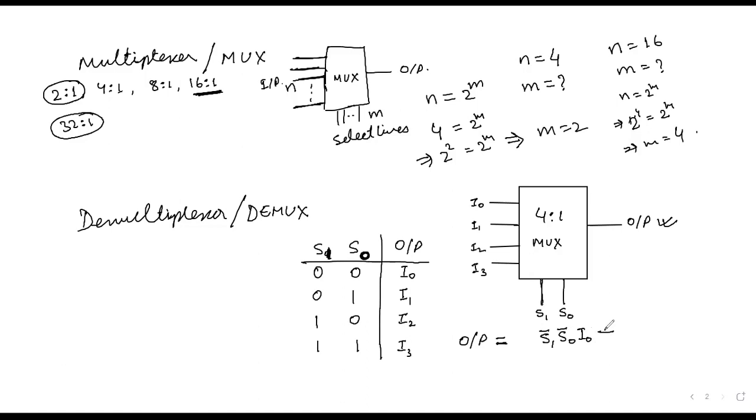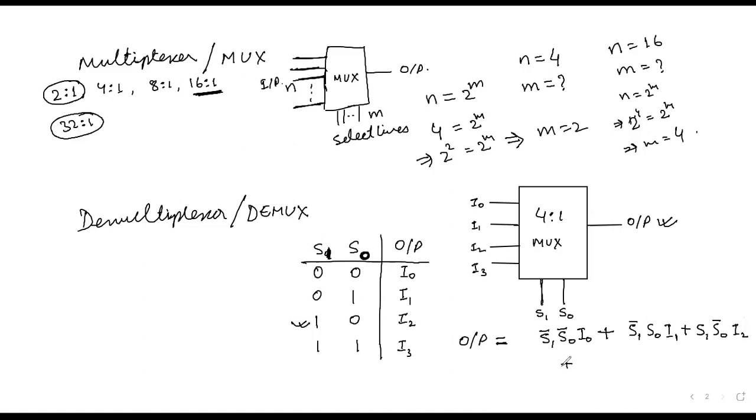Plus the next combination, S1 as 0 and S0 as 1. S1 as 0, so it should be S1 bar, S0, I1. Plus for the next combination, S1 as 1, the equation should be S1, S0 bar, I2.